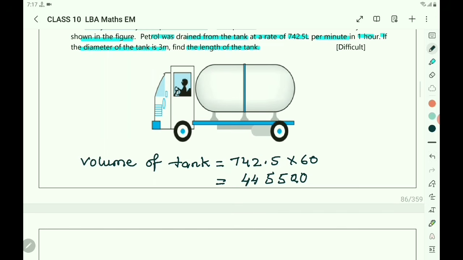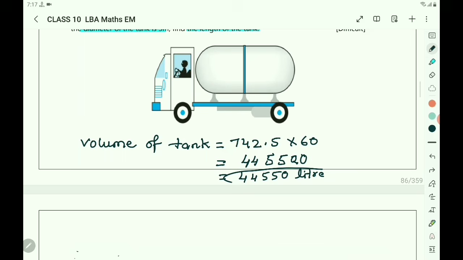So you got 44,550 liters. Here decimal point is there after one digit. So you write the decimal point after one digit. You got the amount of petrol, volume of petrol in the tank, in terms of liter.